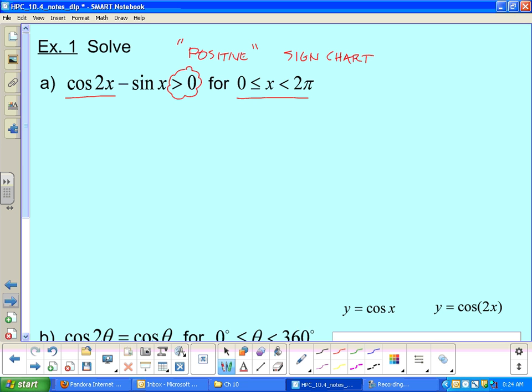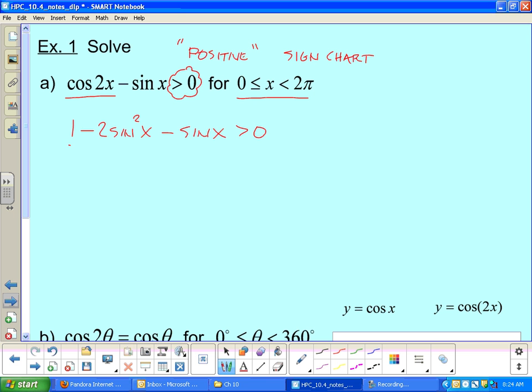And we can. We know that one of the double angle formulas for cosine says cosine 2x is equivalent to 1 minus 2 sine squared x. That's what that cosine 2x would be. And then we still have the minus sine x for the second part of that expression, and greater than 0.